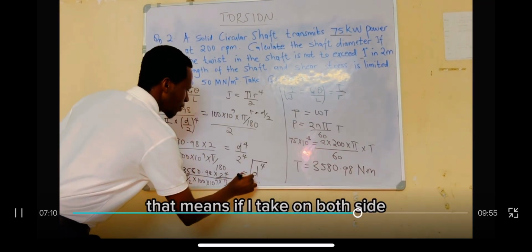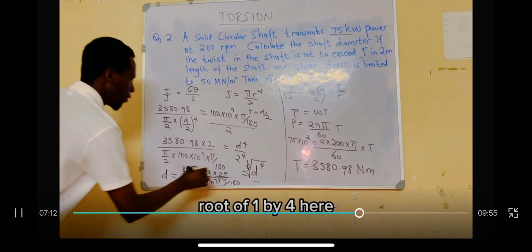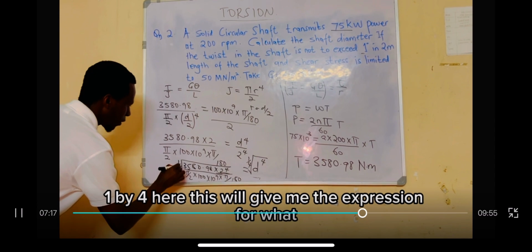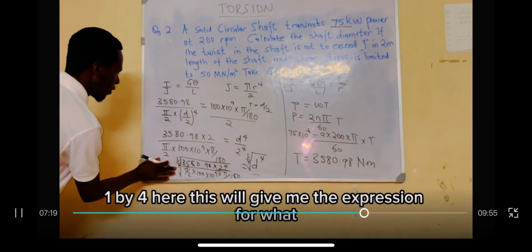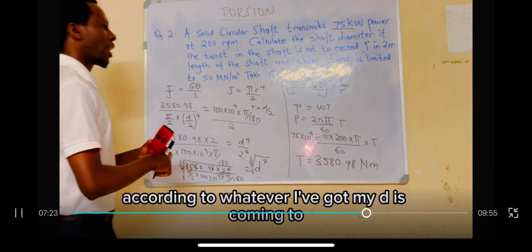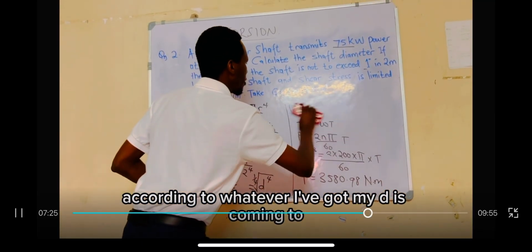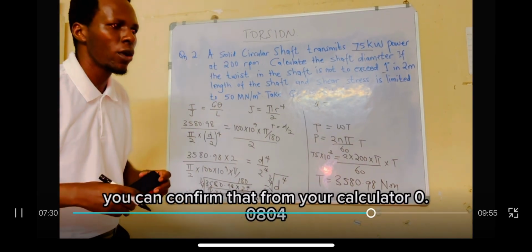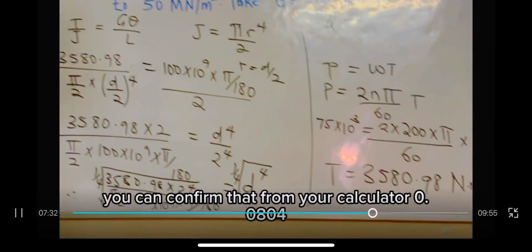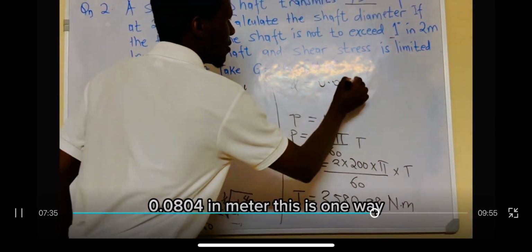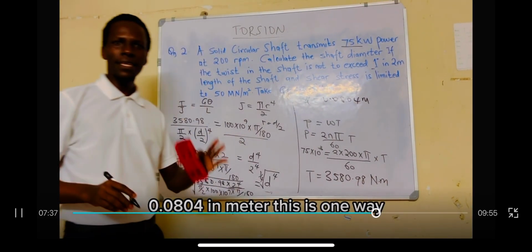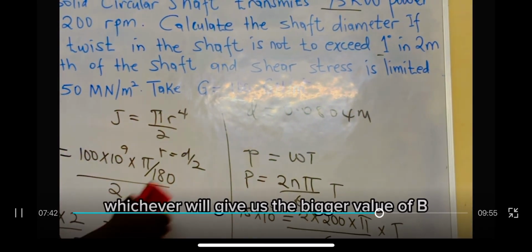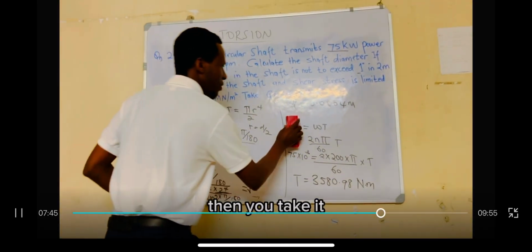If I take the root of 1 by 4 on both sides, this gives me the expression for finding the value of d. According to what I've got, you can confirm from your calculator, d is 0.0804 in meters. This is one way, but we have to take the second option also, and we check whichever will give us the bigger value of d, then we take it.